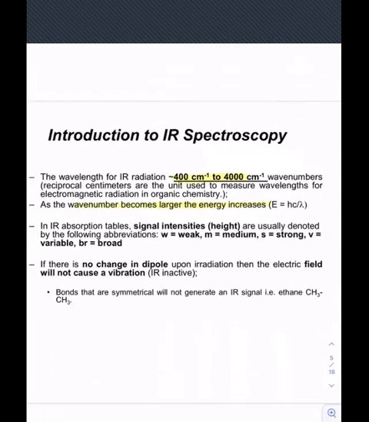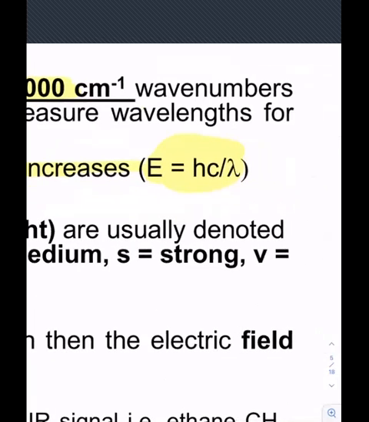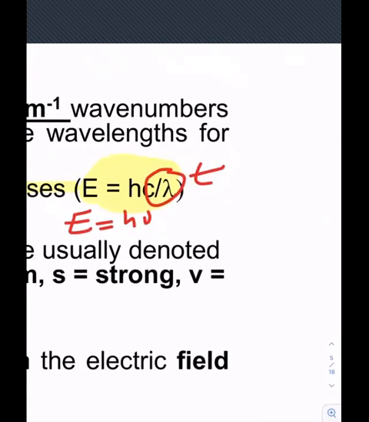And then if you remember from general chemistry, that's how we calculate the energy for any type of electromagnetic radiation: the energy of a photon, which is Planck's constant times the frequency. Or you can also write it like this. So it's E equals h nu, right? Or h times c over lambda, because c over lambda is equivalent to nu.